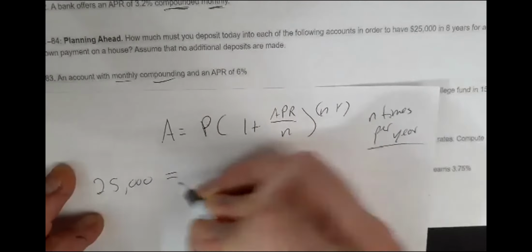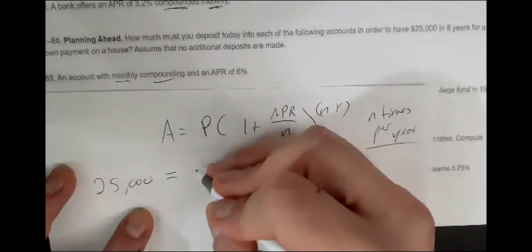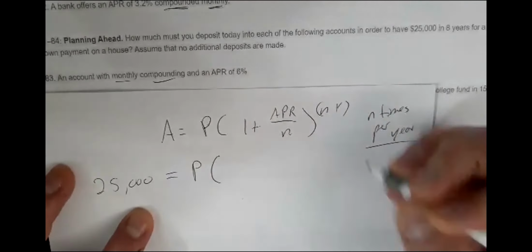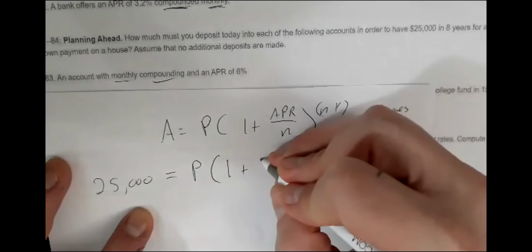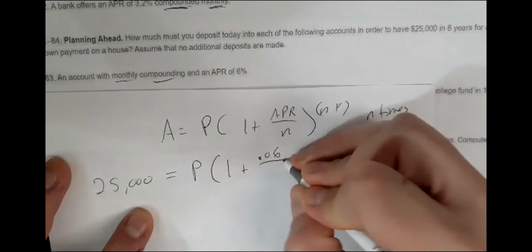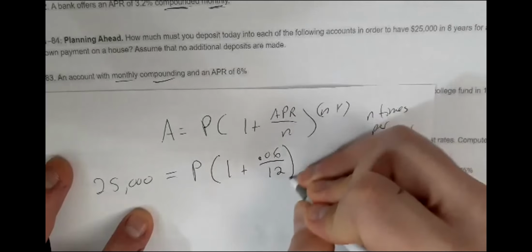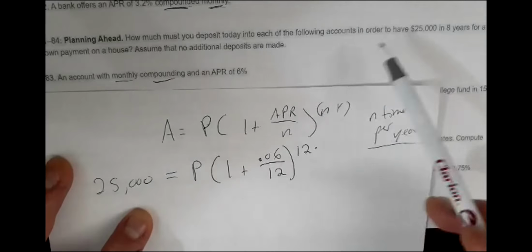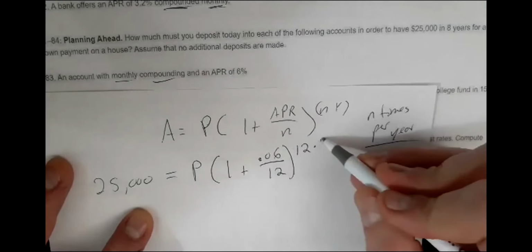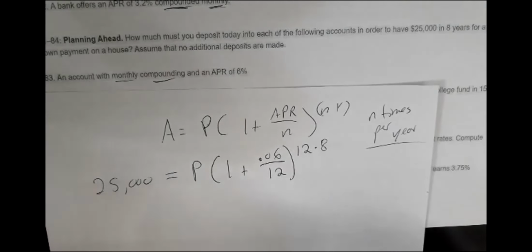So what they're saying is that this is 25,000. My principal is the thing I want to know. I have 1 plus my APR, which is 0.06. I'm dividing this by N, which is 12. My N is still 12 up here, and I'm doing this for how many years? Looks like 8 is what they tell me.